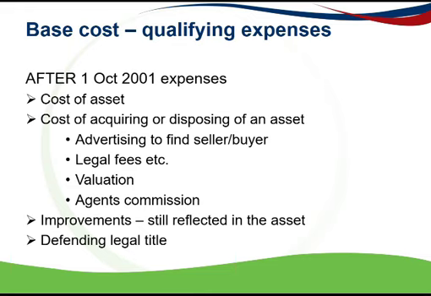So the base cost after 1 October will include the cost of the asset, the cost of acquiring or disposing of the asset, and that'll include expenses like advertising, legal fees, a valuation fee, and the agent's commission that we spoke about earlier. Then any improvements that are still reflected in the asset can be claimed, the cost of those improvements, as well as if you've had to defend a legal title of an asset, you'll be able to claim those costs as part of the base cost when you sell the asset.